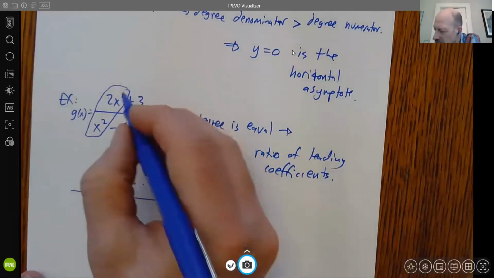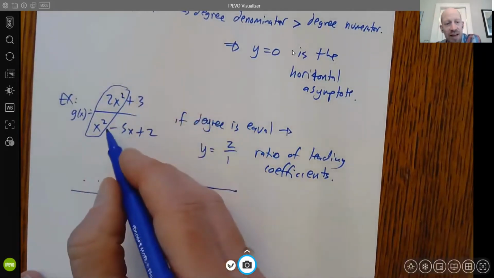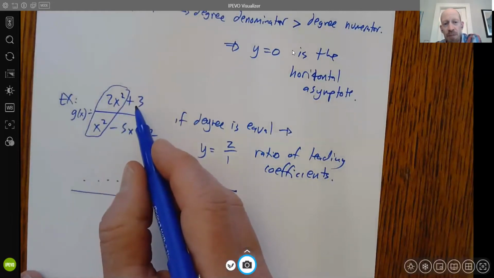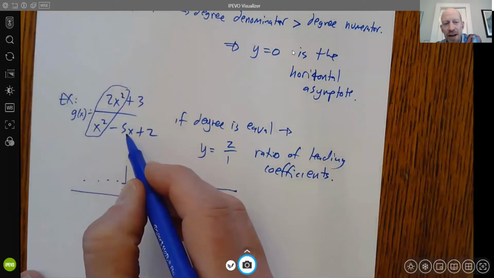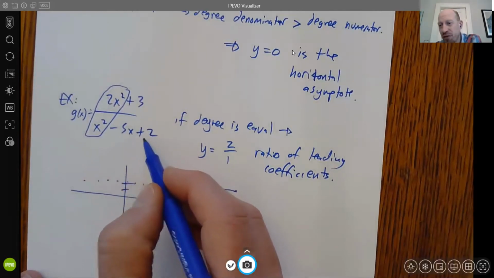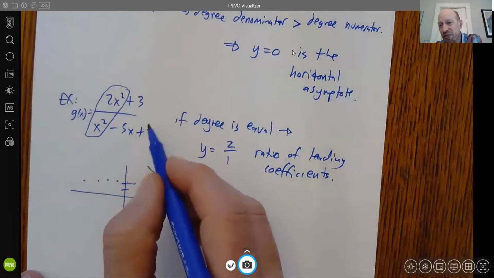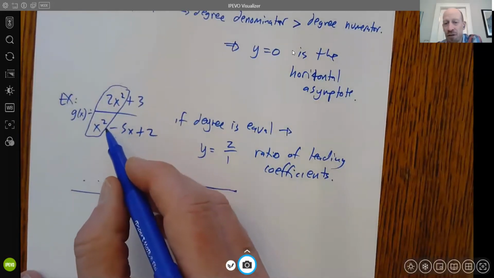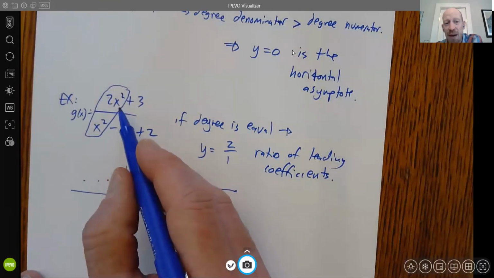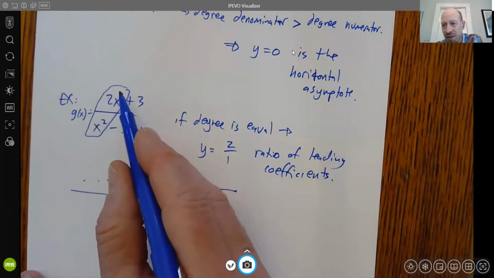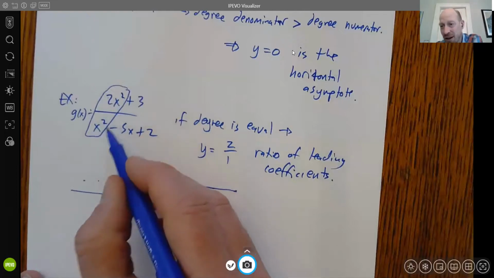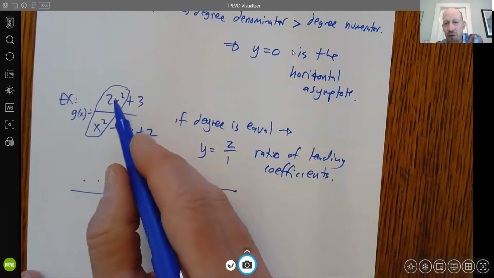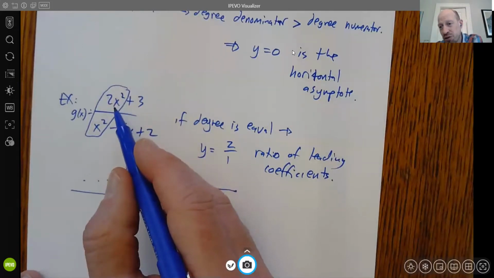And if we imagine this numerically, as x is 100, adding 3 and subtracting 500 plus 2 is not changing it very much, because 100 squared is quite big, right? That's 10,000. So the top is like 20,000 and the bottom is like 10,000, off by just a little bit. And so that ratio is pretty close to 2.